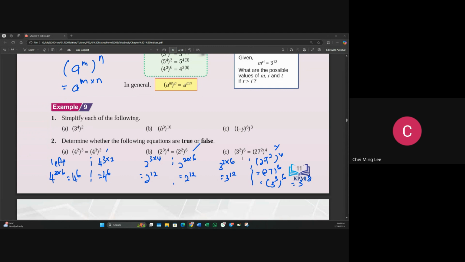Then this one, 2 times 6, this one is 3 to the power of 27. We can change it into 3 to the power of 3, and then 2 times 4, which is 8. Okay, this one is wrong.